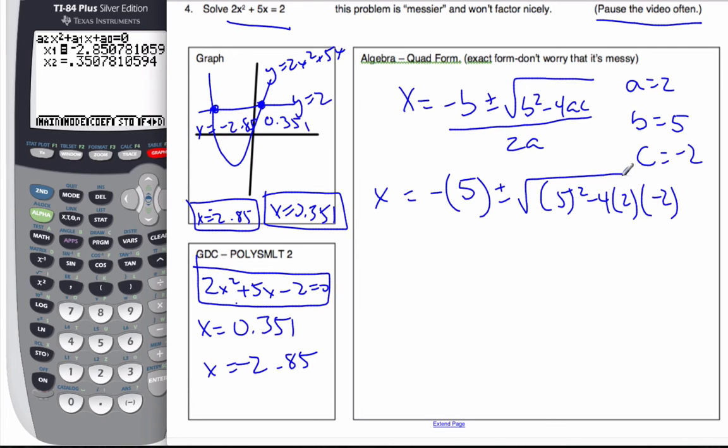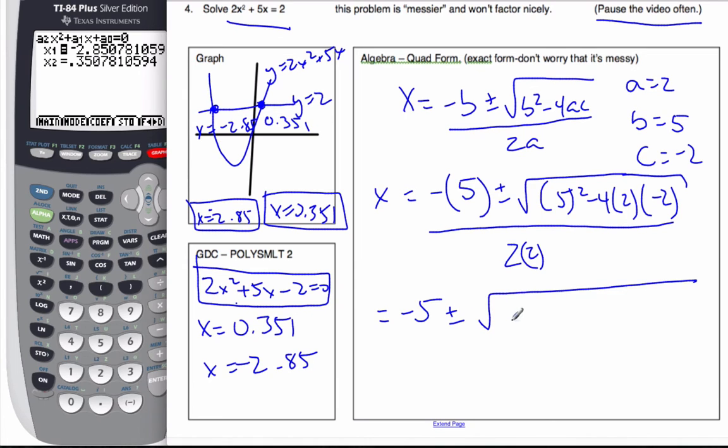Now, if you haven't paused the video, you should pause the video now and try it yourself, and then check. Doing the arithmetic now, it's minus 5 plus or minus square root of 25, well, 2 times 2 is 4, 4 times 4 is 16.